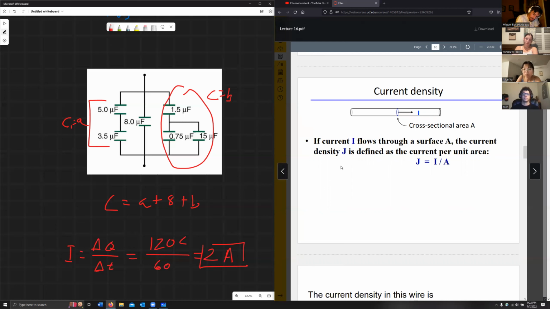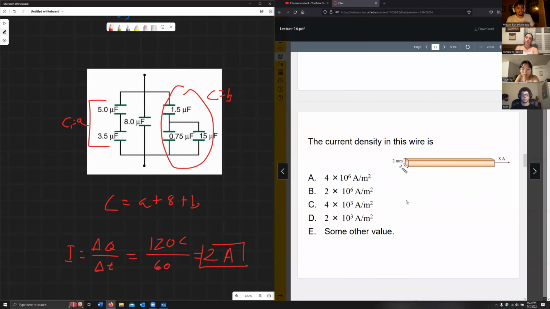So J is equal to the current divided by the area of the cross section. Does that make sense? It's that little area. The current density of the wire, what is the current density?